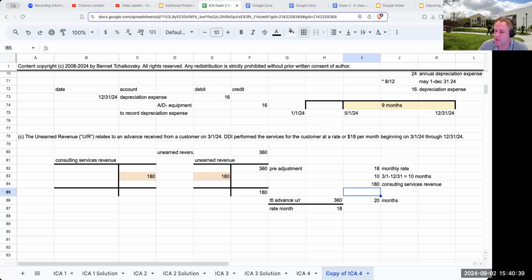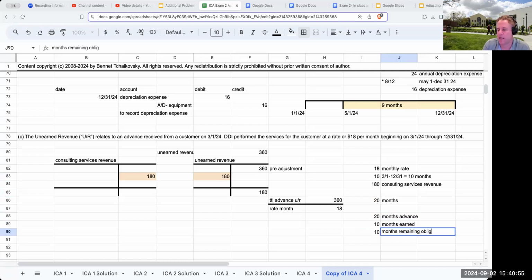So here I've had 20 months of an advance. I earned 10 months, and I have 10 months remaining obligation. So my unearned revenue balance needs to be 10 months times the monthly rate, or 180.